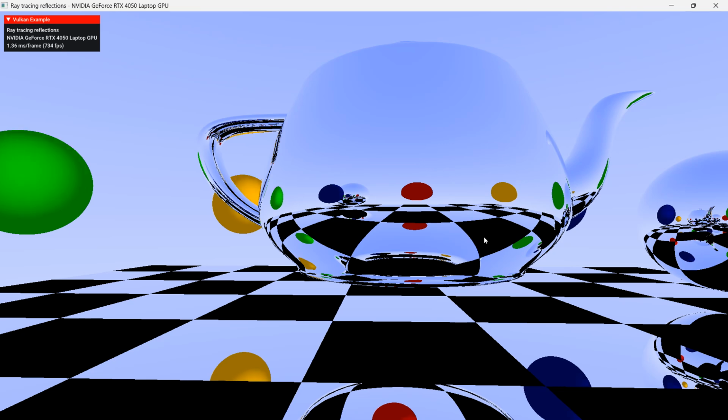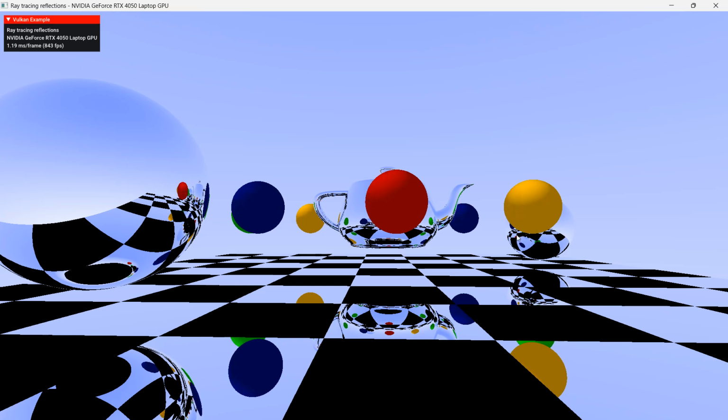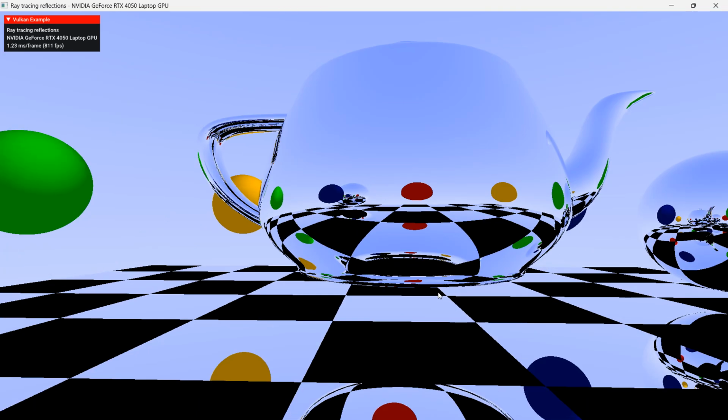Now, if you want to run the ray tracing example, you need to make sure your GPU is also ray tracing capable. If you want to be able to run these examples, you have to make sure your GPU is Vulkan capable and also ray tracing capable.